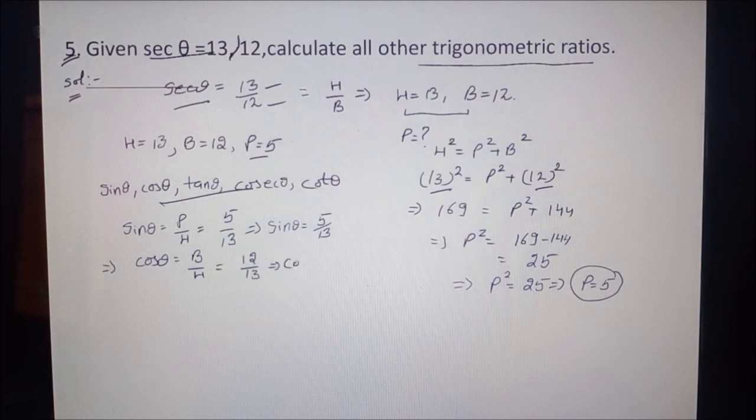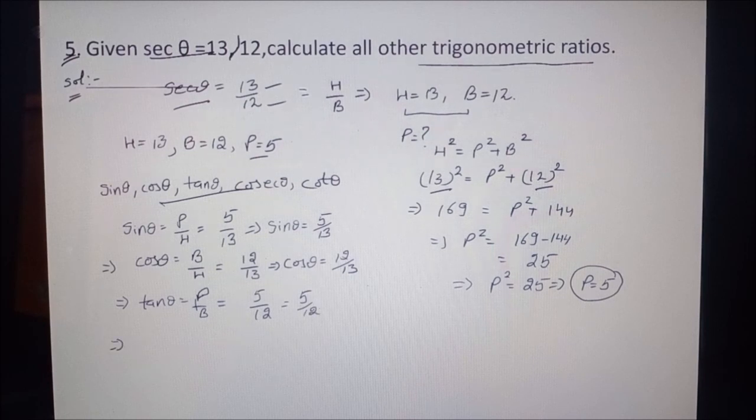It implies cos theta is equal to 12 by 13. Now next, tan theta. Tan is perpendicular upon base. Perpendicular is 5, base value 12, so tan is 5 by 12.